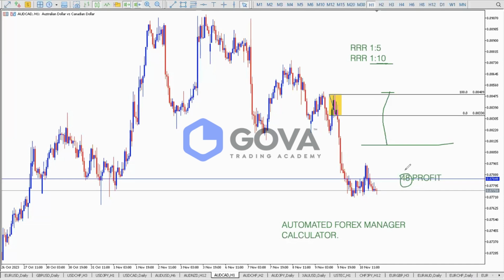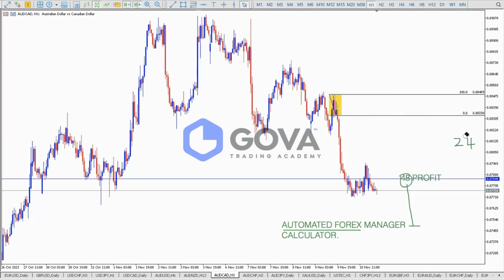So that is going to be around 24 pips. That is 24 pips secured out of the 48 pips here. Now, the more you go into profit, the more the automated calculator is going to help you move your stop loss automatically on its own without doing anything.